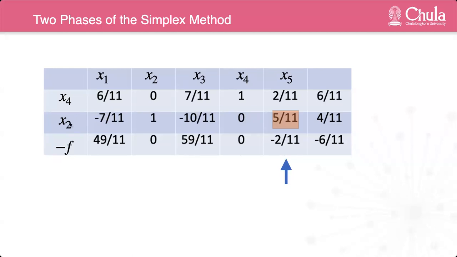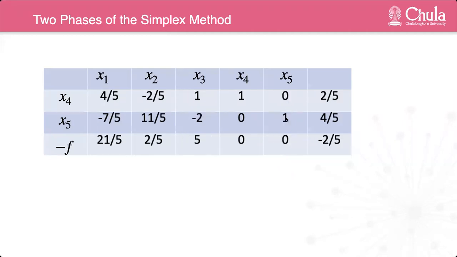And we remove x2 because this is the smallest positive b over a. This is 4 by 5, right? But this is 2 by 6 by 2, which is 3. So we use row operations and render this table such that this element is 0, this one is 1, and this element must be 0.